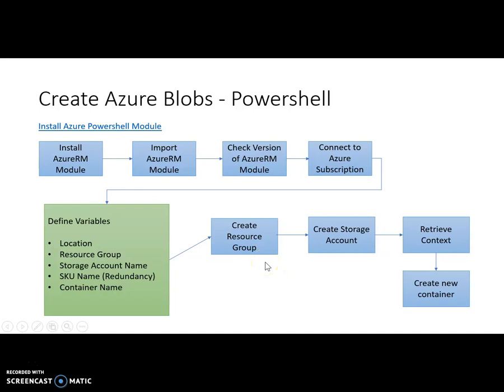Following that, you'll need to create the resource group, create a storage account, retrieve the context of the storage account, and then create a new container for the blob to go in. This is everything that I'm going to show you now, so I'll head over to the demo.